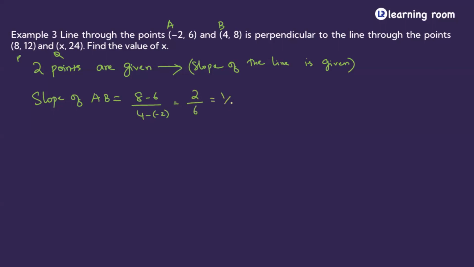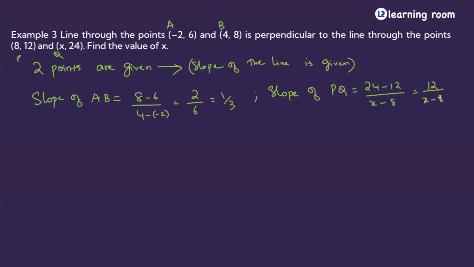It is going to be 1 by 3. Okay. Then what is the slope of PQ? 24 minus 12 divided by x minus 8. So 24 minus 12 is 12. 12 divided by x minus 8 is the slope of PQ.